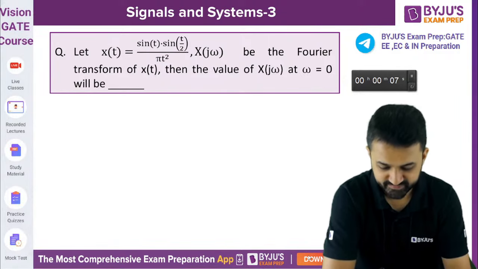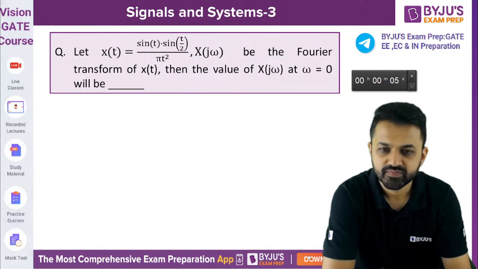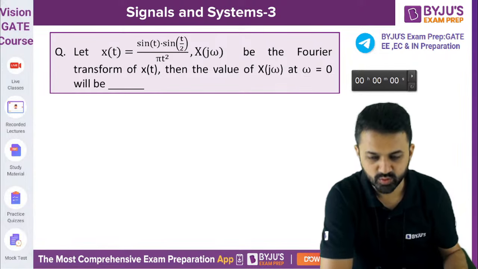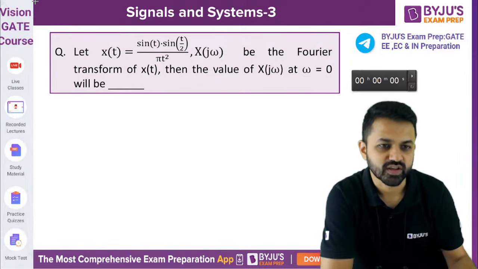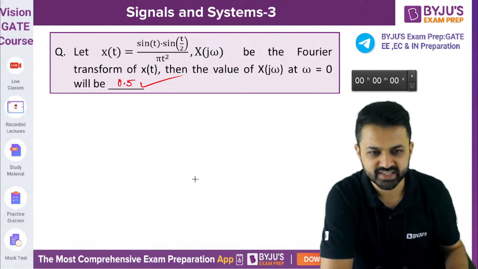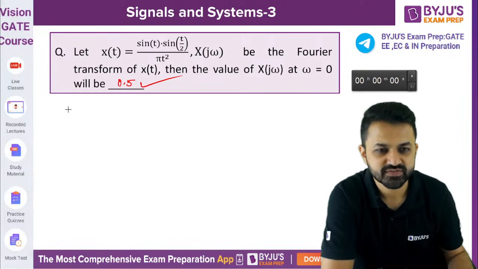Then 2 pi. So now the right answer is 0.5. The right answer is 0.5 for this question.